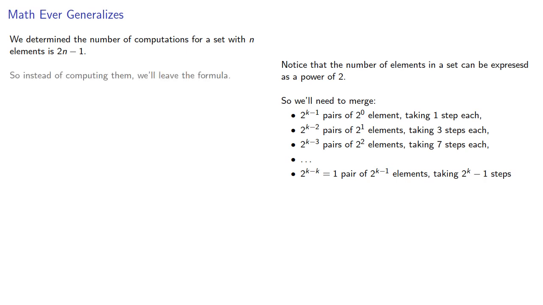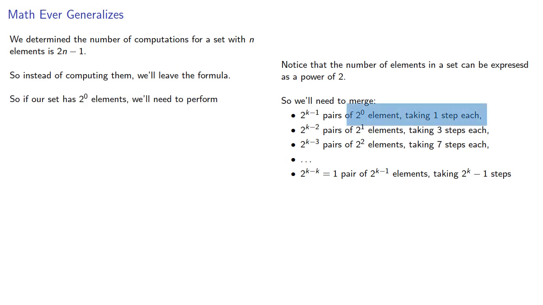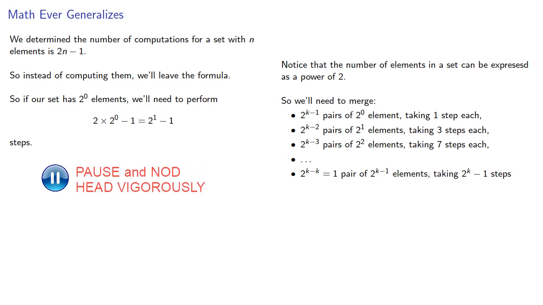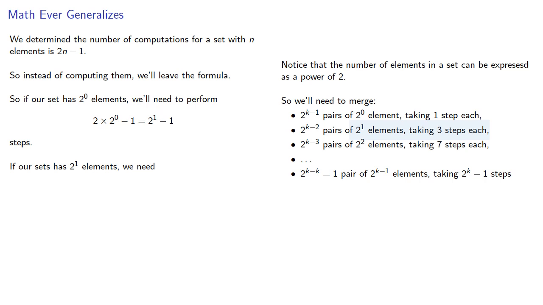So instead of computing the number of computations, we'll leave the formula. So if our set has 2 to the 0 elements, we need to perform 2 times 2 to the 0 minus 1, 2 to the first minus 1 steps. If our set has 2 to the first elements, we need to perform 2 to the second minus 1 steps, and so on.